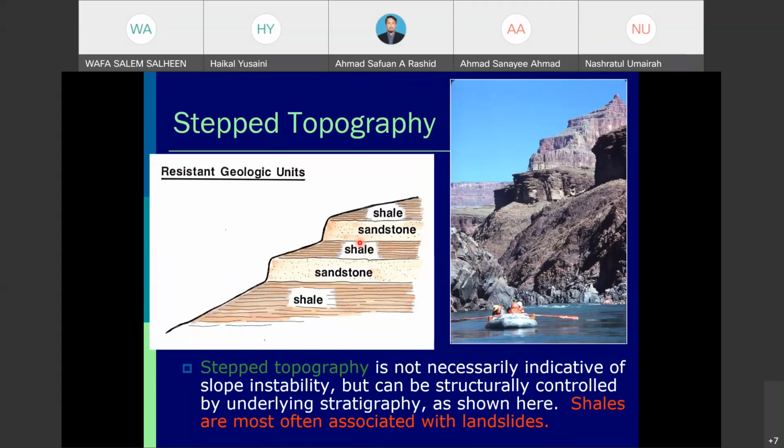Shale is most often associated with landslides, so they are highlighted in red. On some occasions there are no problems with this kind of stepped topography, but we need to identify what type of material, what type of formations. For example, if it consists of shale, we need to pay more attention.